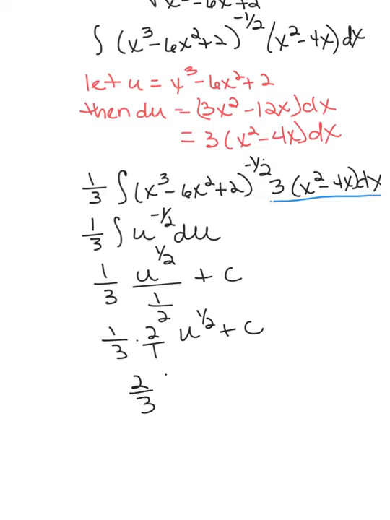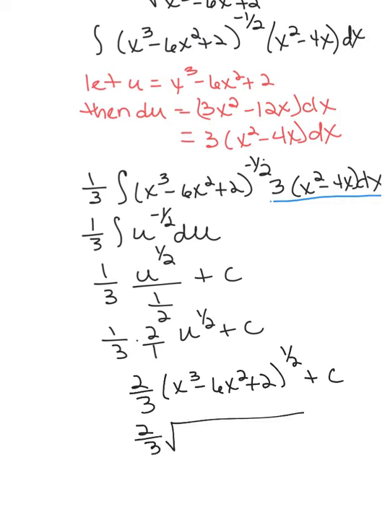Take out the u, put in what it was originally. X cubed minus 6x squared plus 2 to the +1/2 plus c. Your other option is to actually put that into a square root symbol for the 1/2 power. So it'd be 2/3 square root of x cubed minus 6x squared plus 2 plus c.